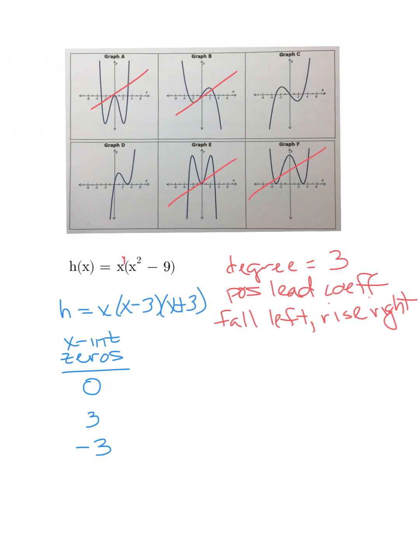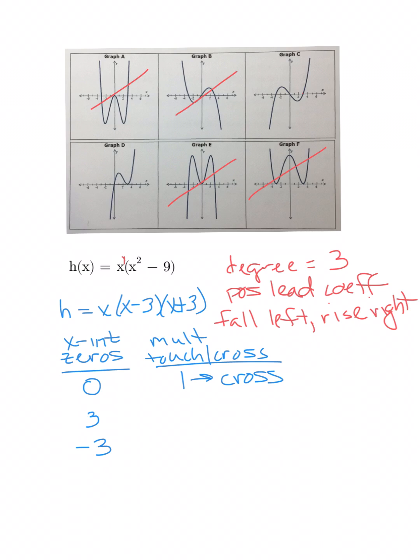Now let's look at multiplicity and whether we touch or cross. Because the power on the x, which gave us the x-intercept of 0, is 1, its multiplicity is 1, which means that we will cross at that 0.